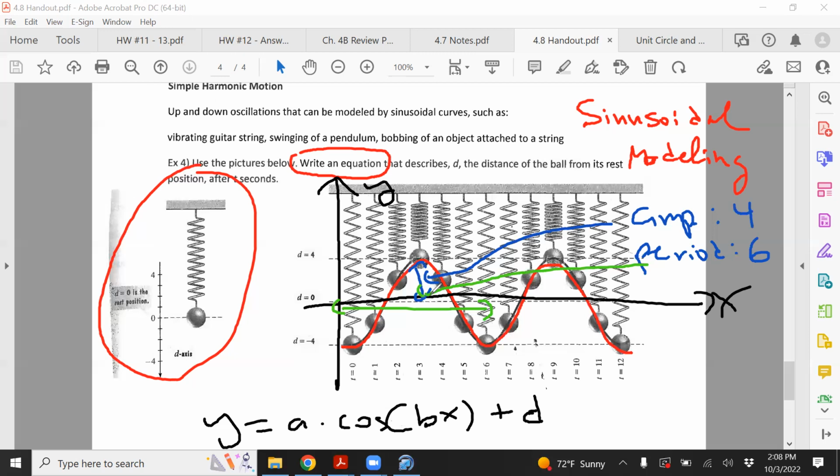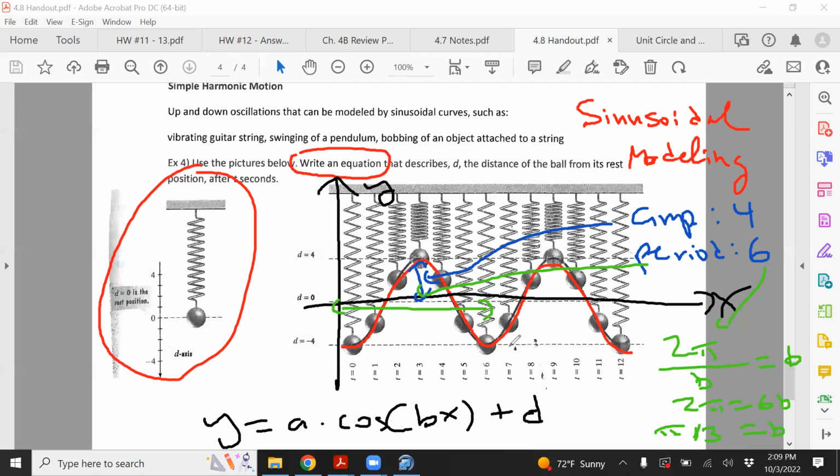Now, the period is one cycle, right? So we see a low point, start at 0. When do we get back to the low point again? It's repetitive, so your period is 6. In case you forgot, period is 2 pi over b. If you solve for b, you should get pi over 3. That's the b value in the equation.